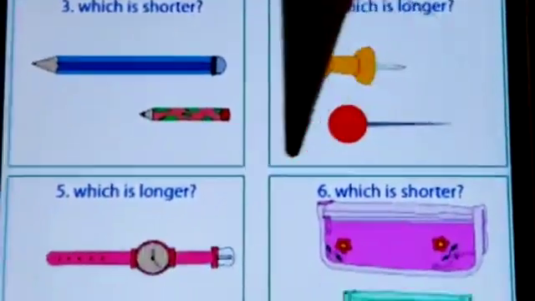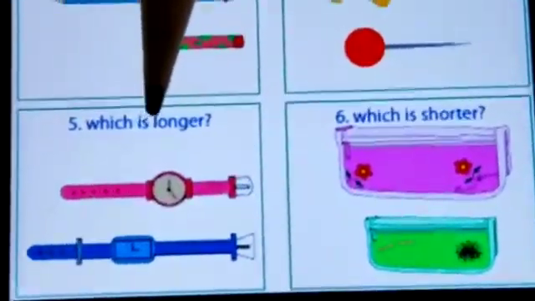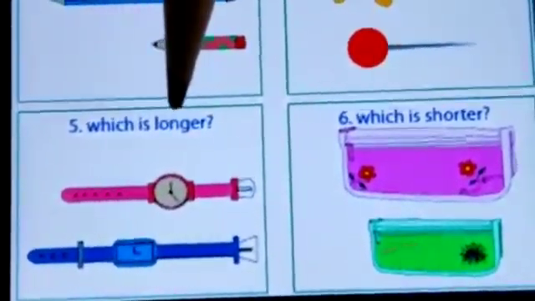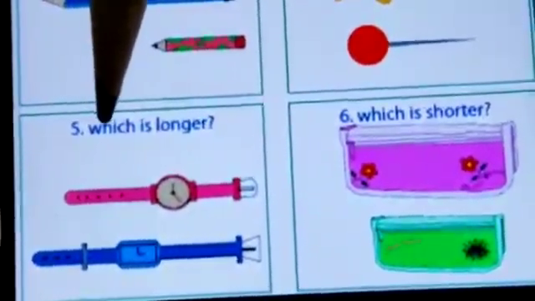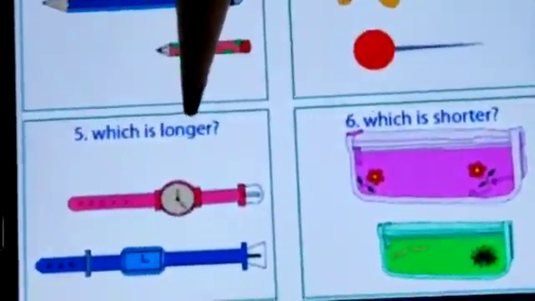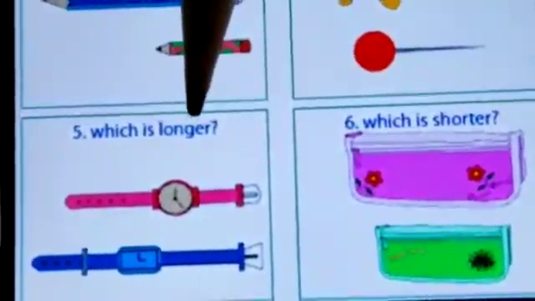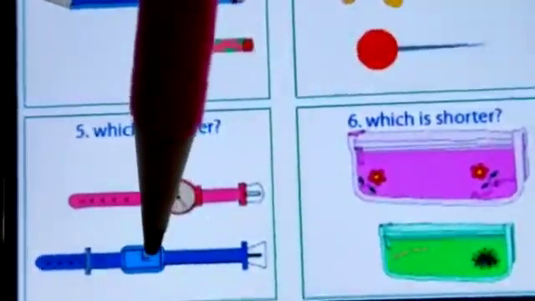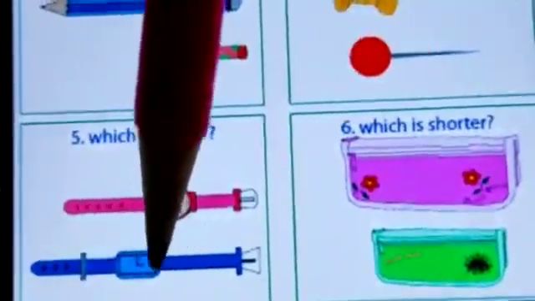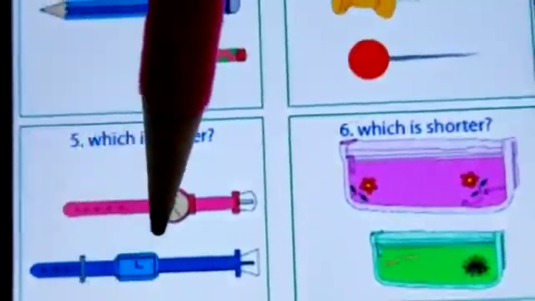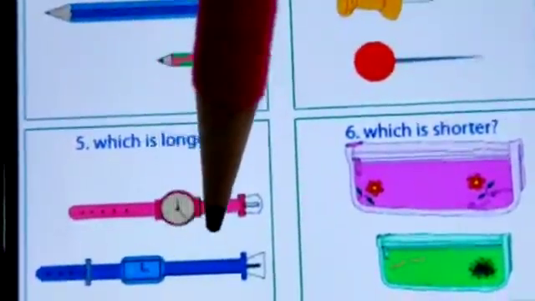Very good. Now see the picture of the watch. What is the question? Which one is longer? The pink color or the blue one? The blue one is longer. So we will put a tick mark on this.